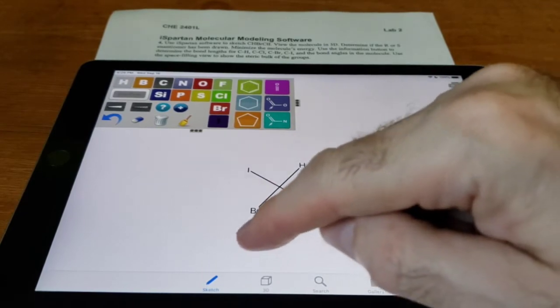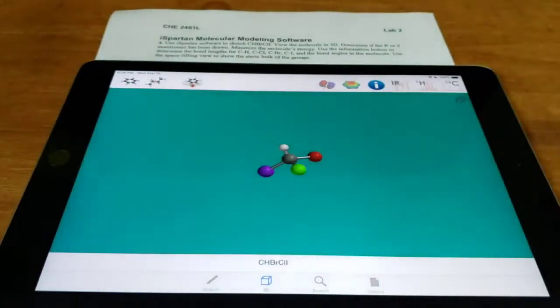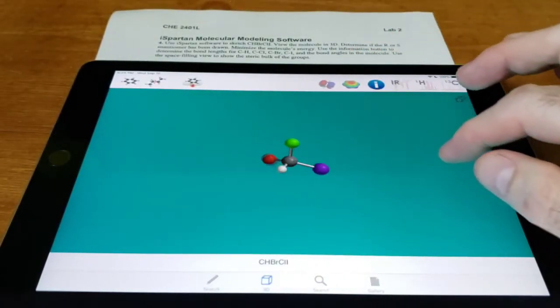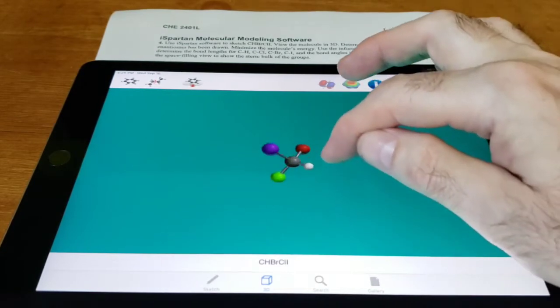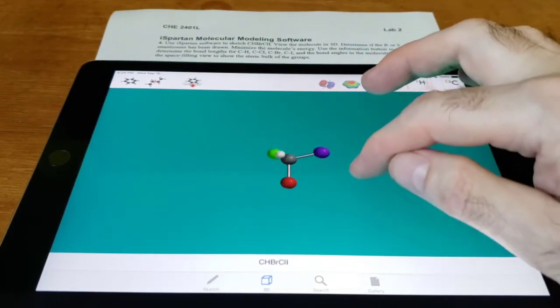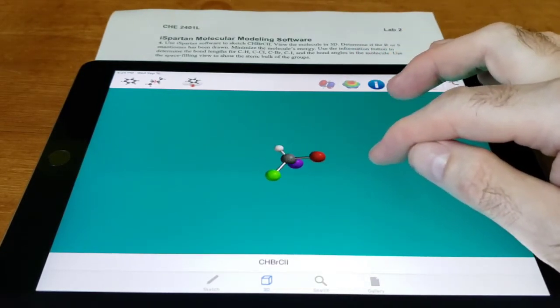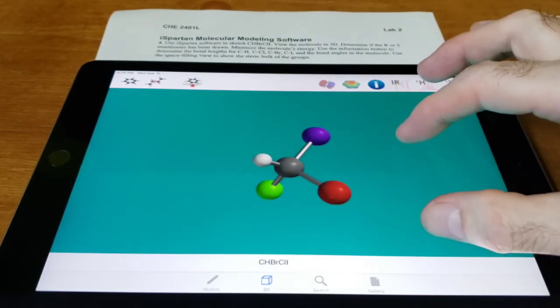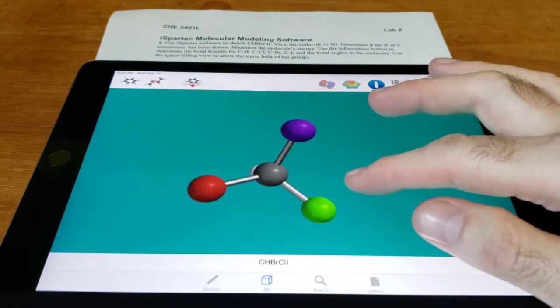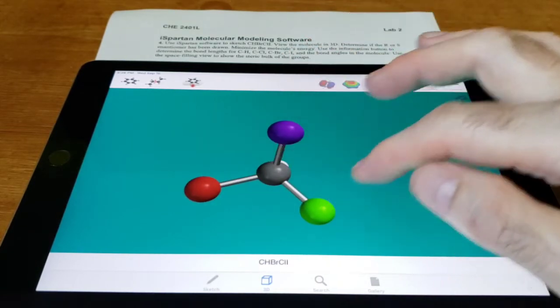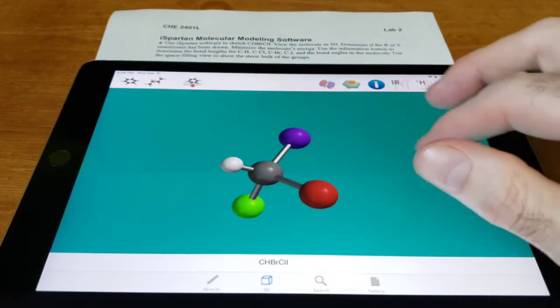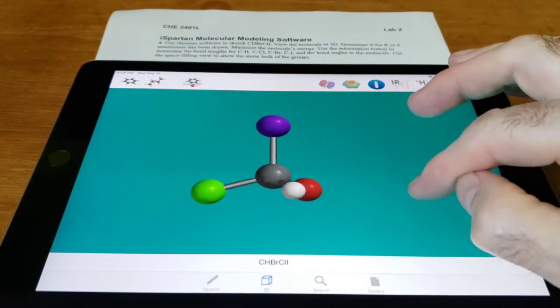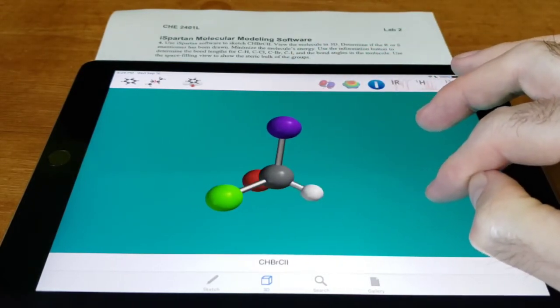Okay, I'm going to click over to the three-dimensional view, and this is the molecule that I have sketched. You can see that the carbon to hydrogen bond is very, very small, and that the carbon to chlorine bond is much longer. The carbon to bromine bond is much longer in itself.